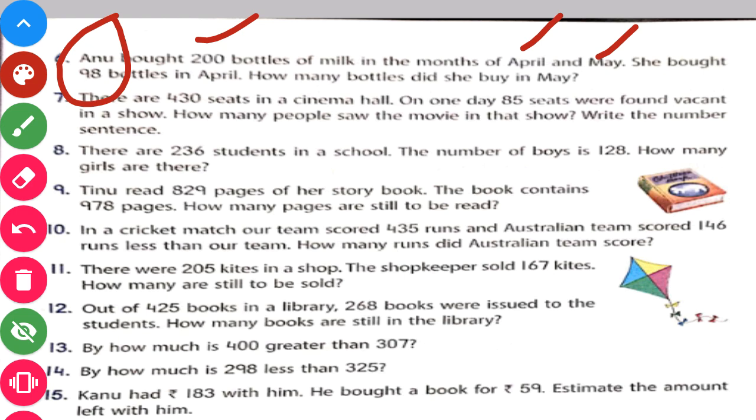As this is a word problem, first of all we will write a statement.